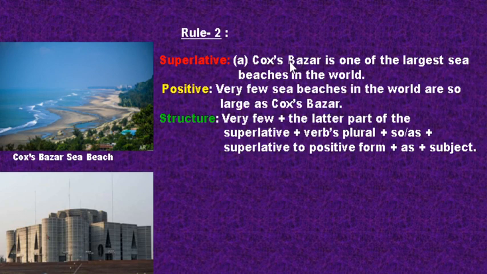So if you see one of the, you have to use very few, then the later part of the superlative form, sea beaches in the world, then are, then as or so, then the positive form, then as again, then the subject. So very few sea beaches in the world are so large as Cox's Bazar.